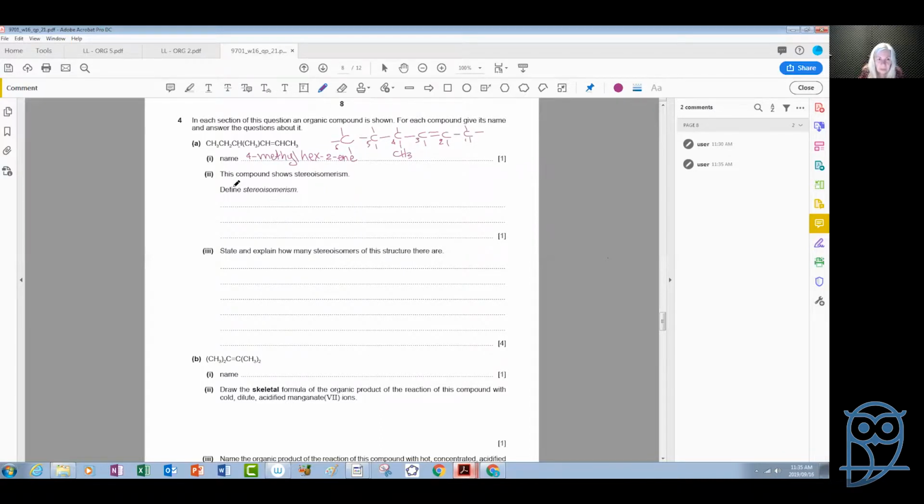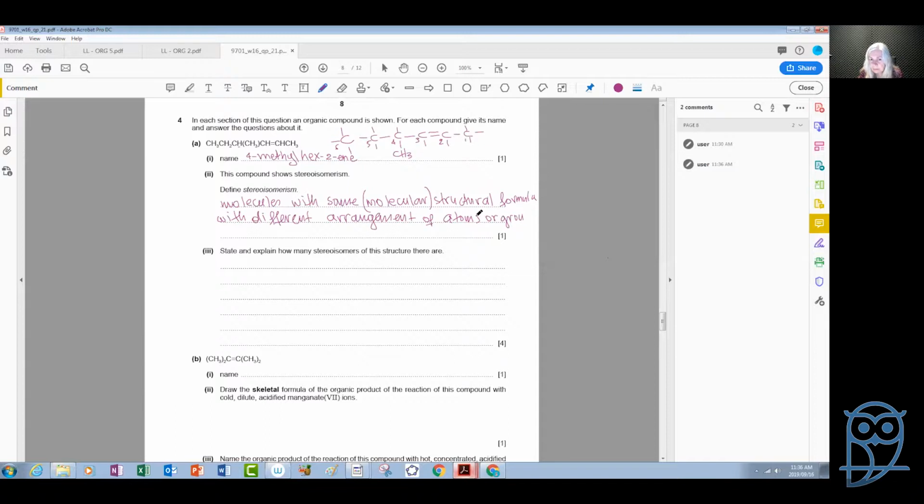Let's start writing. What is stereoisomerism? These are molecules with the same molecular and structural formula, with a different arrangement of atoms or groups. Molecular is obviously implied in any case.